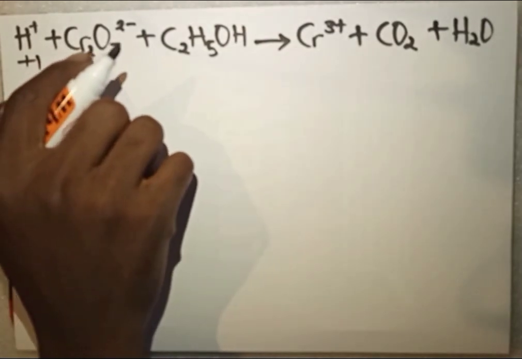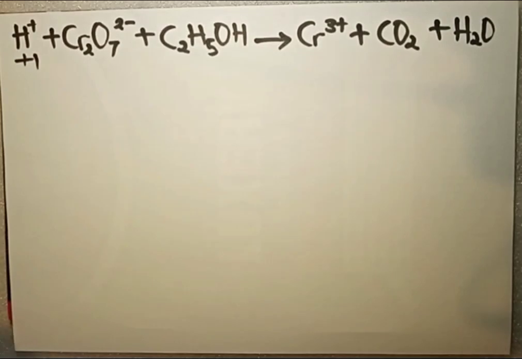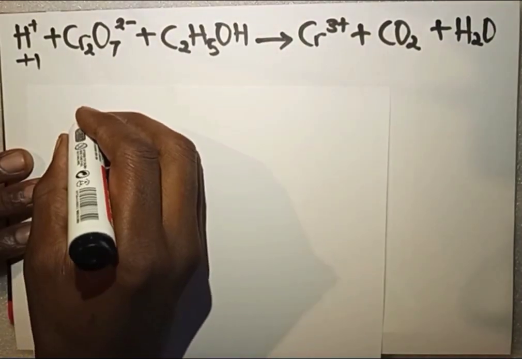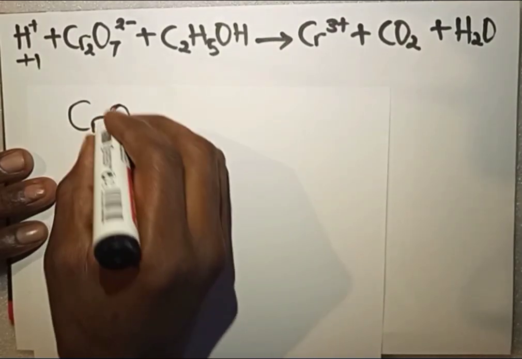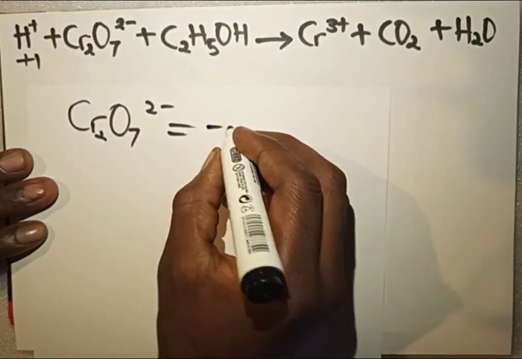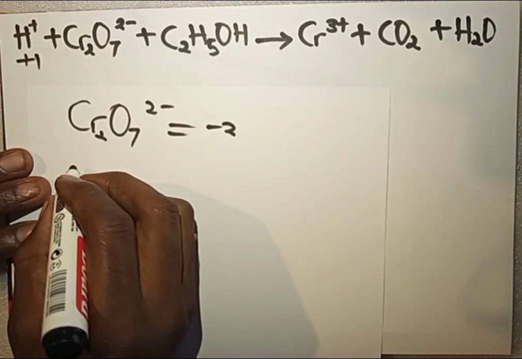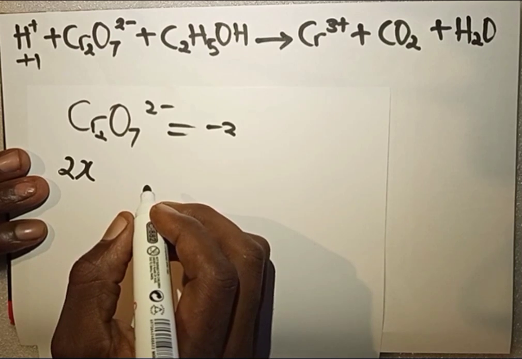What is the oxidation state for this one? We bring this one alone. The whole compound equals -2, and we know that we have 2 chromium ions. It is a revision in case we didn't understand how to find oxidation numbers.